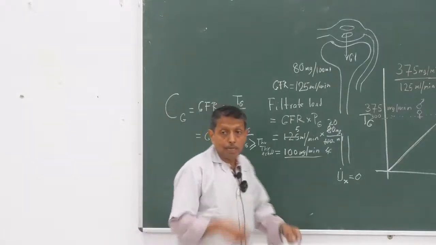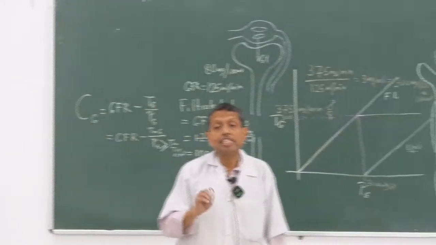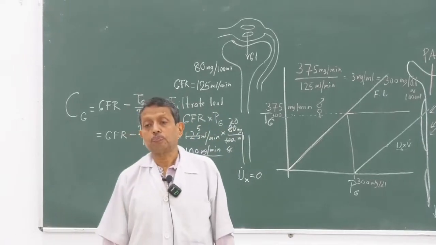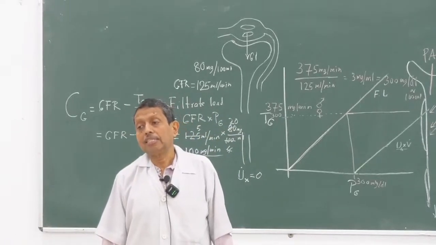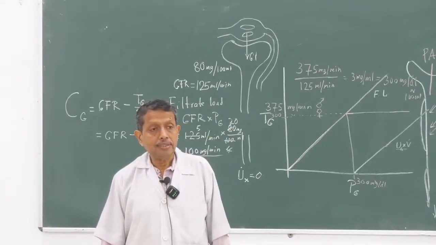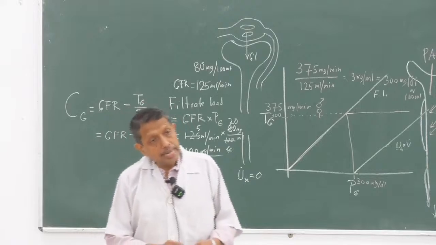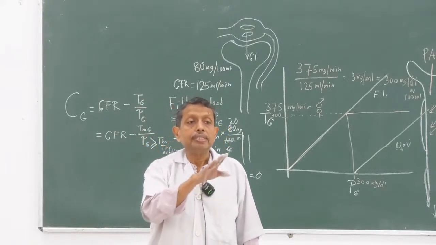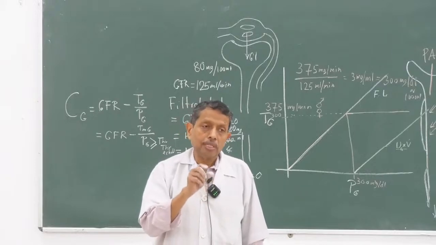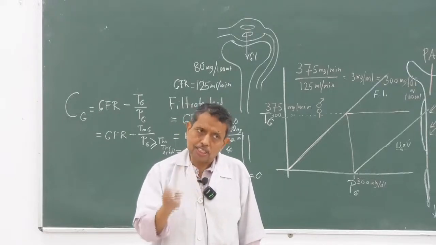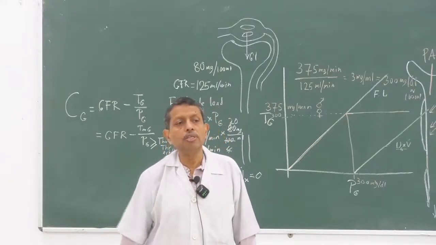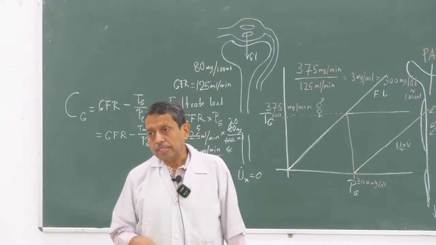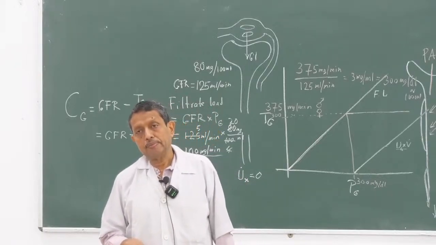Now this glucose is reabsorbed by active transport, secondary active transport, like that present in the GI tract. Within the GI tract, there is a maximum limit beyond which glucose is not absorbed.